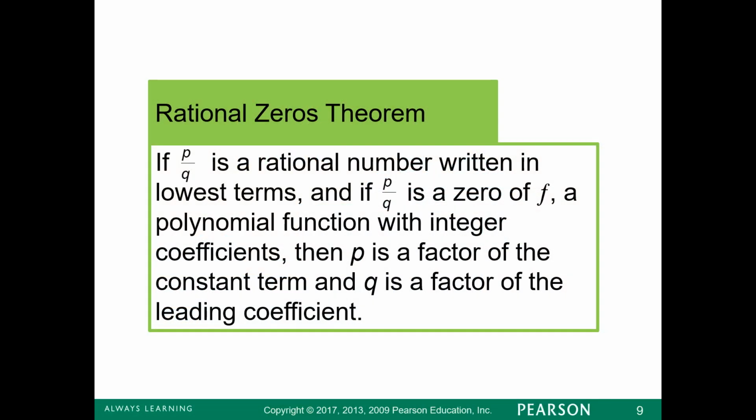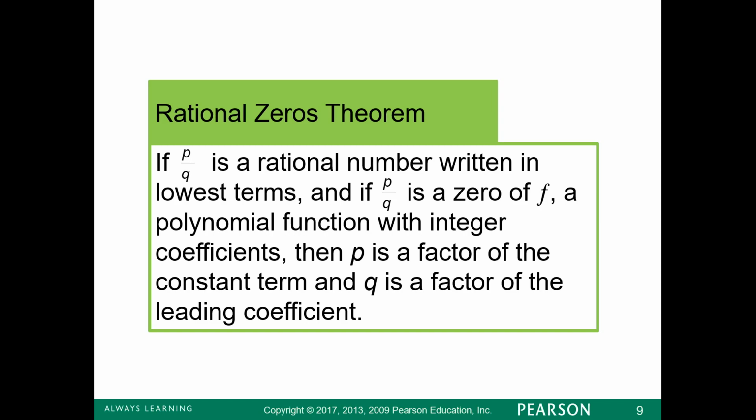If P over Q is a rational number written in lowest terms, and P over Q is a zero of function f, and f is a polynomial function with integer coefficients, then P is a factor of the constant term, and Q is a factor of the leading coefficient.